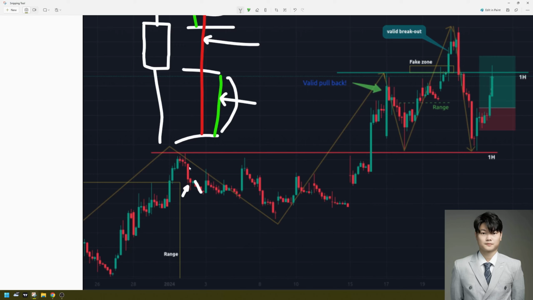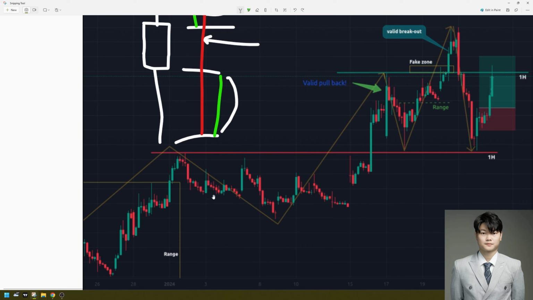Therefore, we can see a very strong selling pressure from the marubozu candle right over here, and a very strong power from the pin bar candle and the series of down candles after that. Totally, here is a strong down movement from the market, and we can confirm that here is a valid pullback from the market, right?